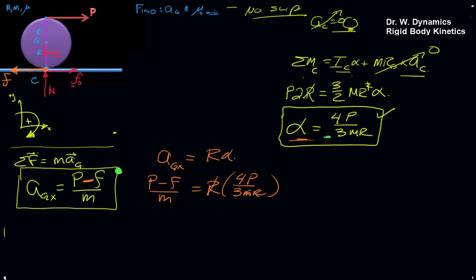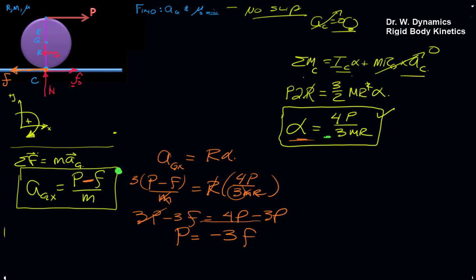The r's go, the m's go, and this 3 comes up, and we get 3P minus 3F is 4P. Bring this over as a minus 3P, and we get P is equal to negative 3F. So the minute we get a negative, we know that our guess was wrong and it should have been in this direction. So even if we had guessed wrong, it would still fix itself when we got to this point, and your answer would still be valid.